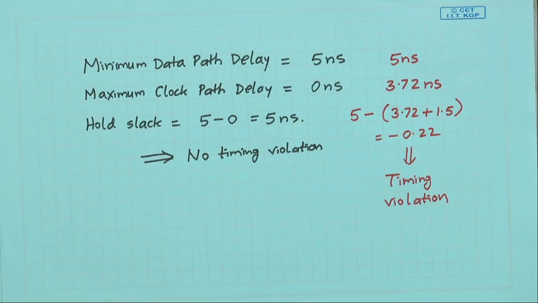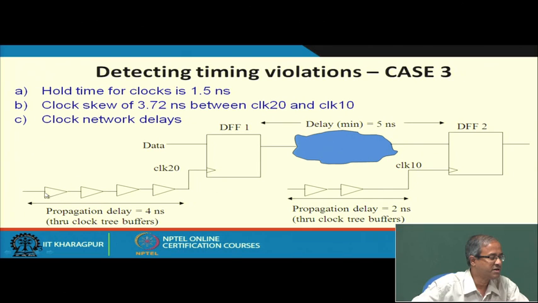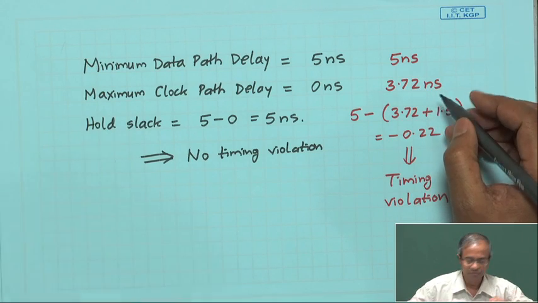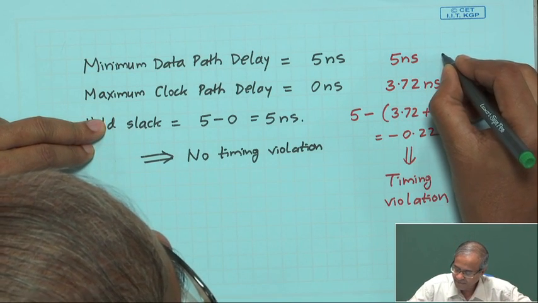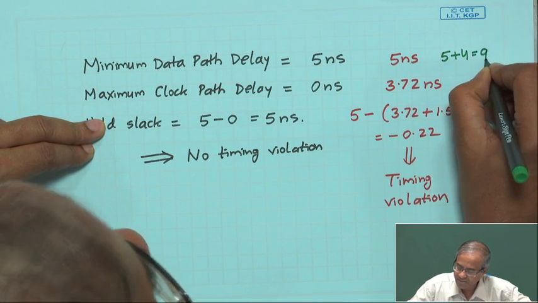So, lastly a third case. Here we are showing some additional delays in the clock network. Suppose there is a delay of 4 nanosecond in the first clock network, a delay of 2 nanosecond in the second clock network. So, in this case let us similarly work out the delays. In the first case it is delayed by 4 nanoseconds, so it will be 5 plus 4, it becomes 9 nanoseconds.